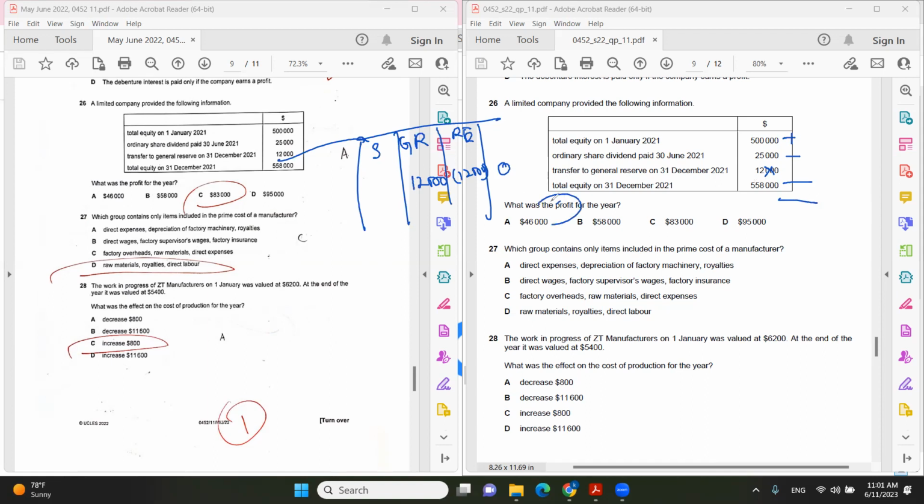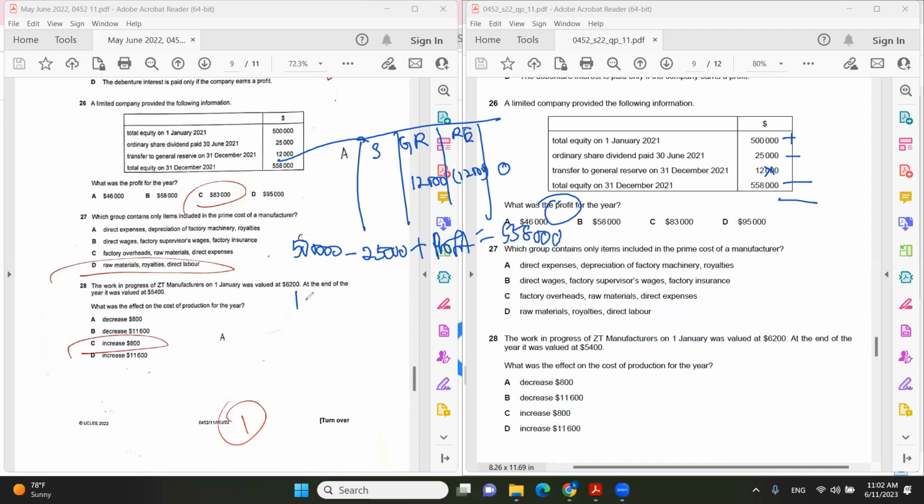What is missing? The profit. So the profit is missing. We take 500,000 minus 25,000, and the profit plus this equals 558,000.